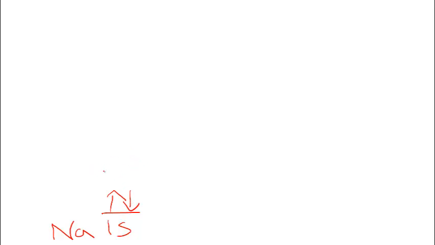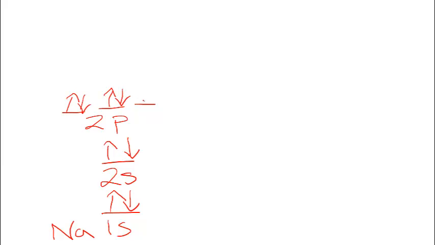The next highest orbital, the 2s orbital, is also completely filled for sodium. Next, the 2p orbital is also completely filled. Lastly, sodium's outer 3s orbital has only one electron in it, so he's lonely.